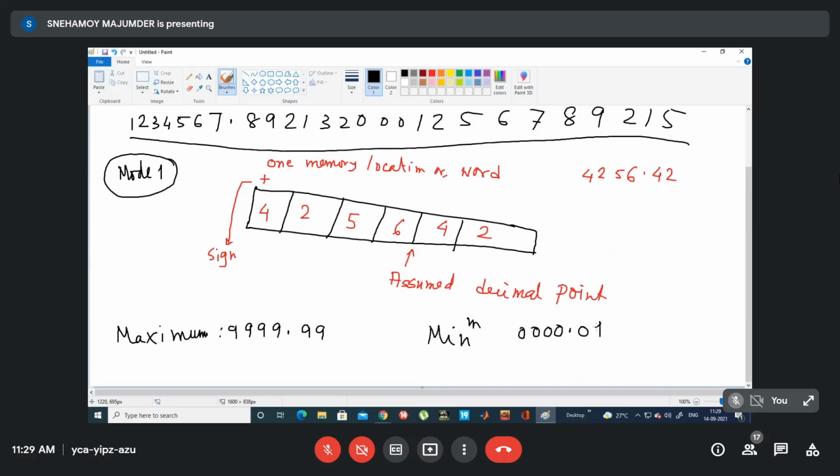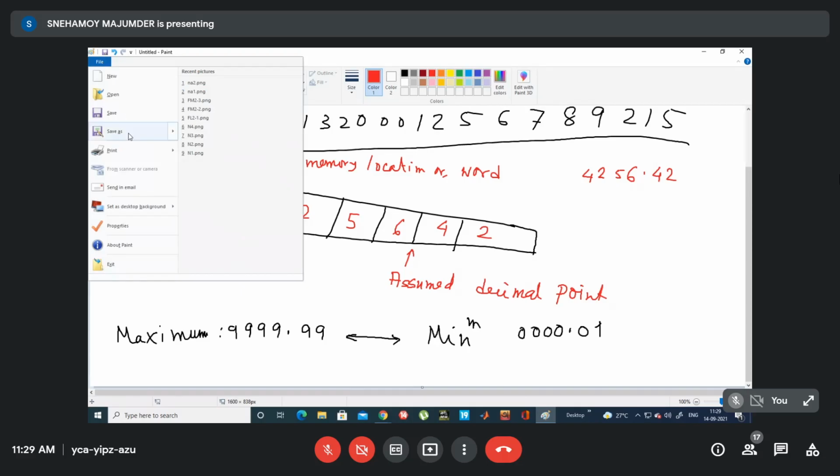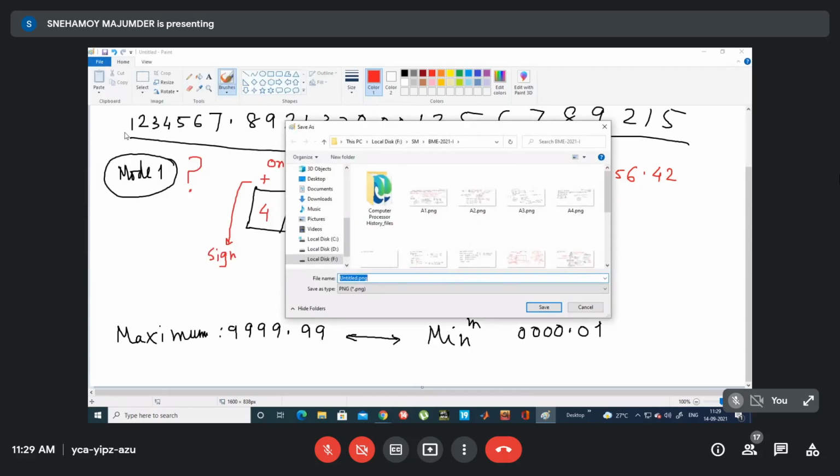That is the minimum I can store. But this range is not sufficient for my mathematical operation. So basically, this mode is questionable. This is not a very efficient mode. So how can I use it? I can use it in a different way.